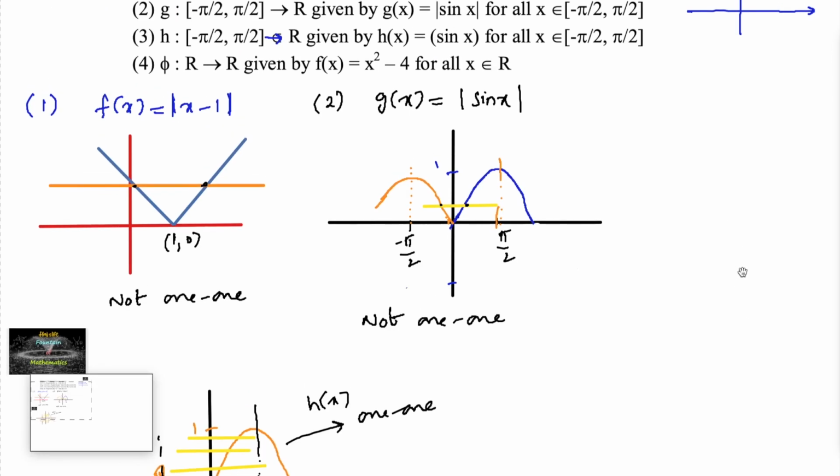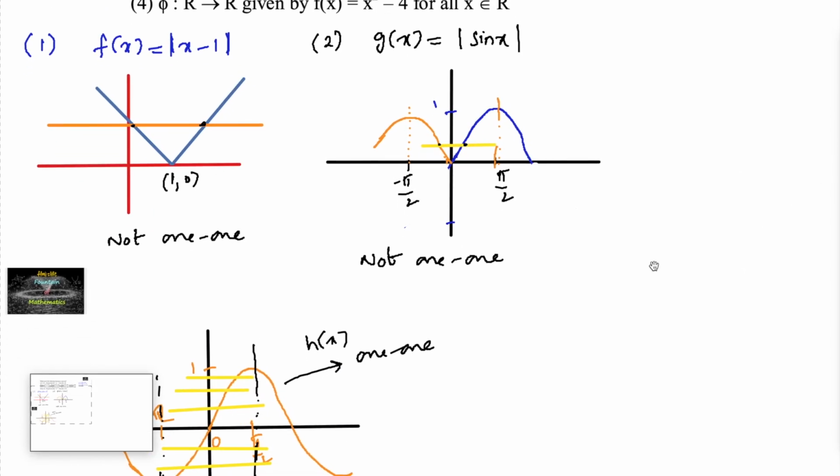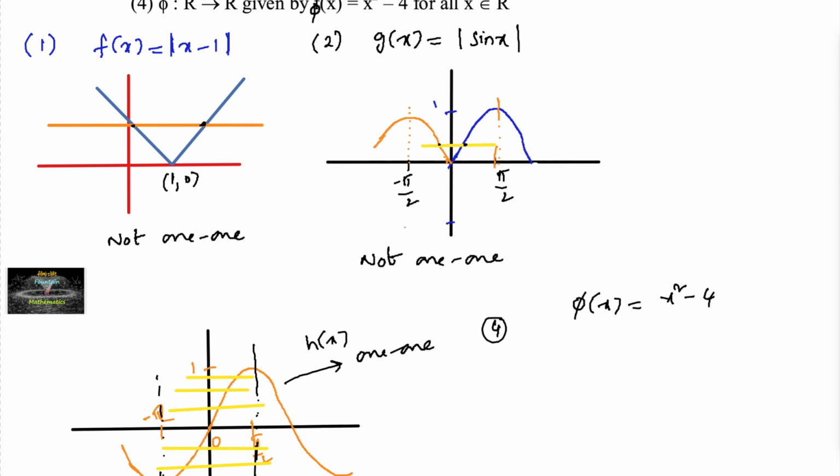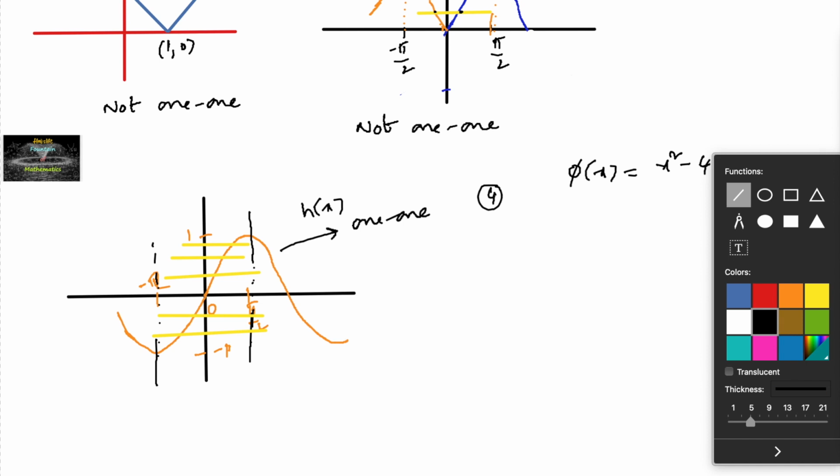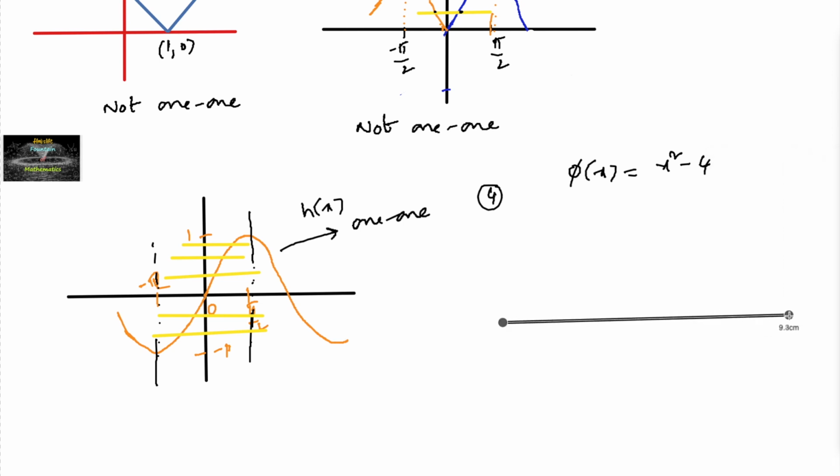Let's also check the fourth option. The fourth option is given as x square minus 4, this is the f of x. If I draw the graph of this, x square minus 4, by taking x equal to 0, you will get minus 4.